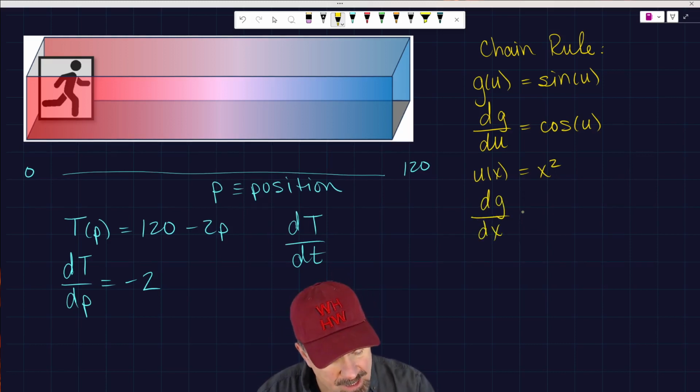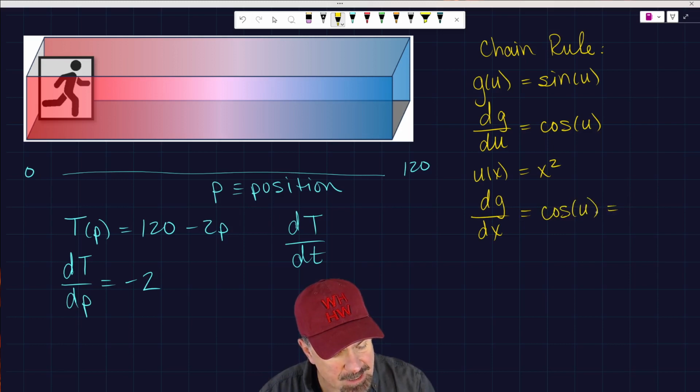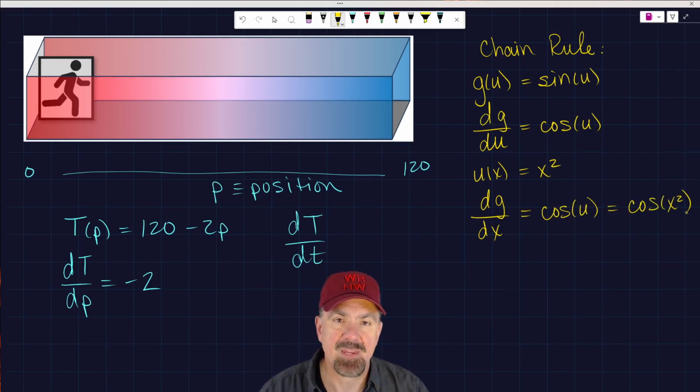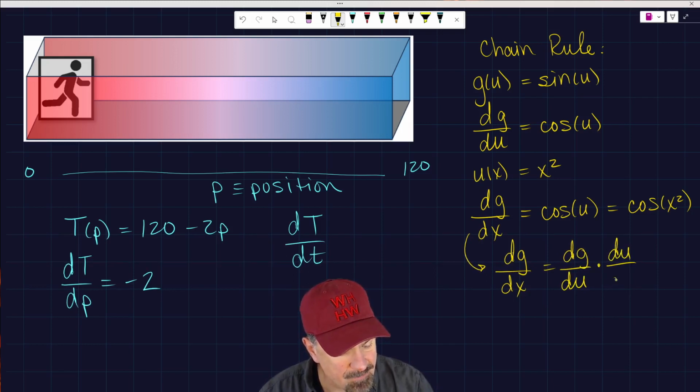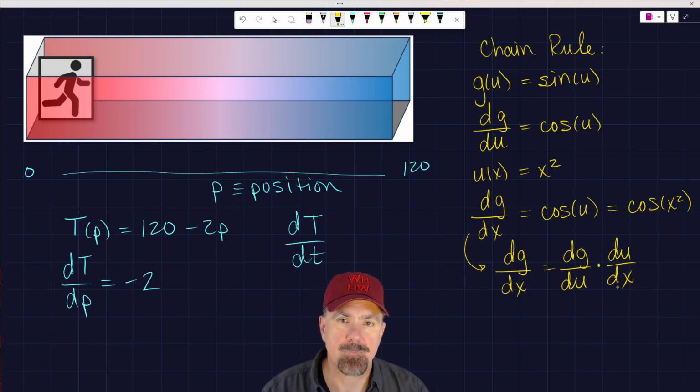Well, now it's not sufficient for us to just say, well, it's cosine of u, and then I substitute in for the u and I get cosine of x squared. That's actually incorrect. What I need to do for this derivative is take the derivative of g with respect to x, and it's going to be the derivative of g with respect to u multiplied times the derivative of u with respect to x.